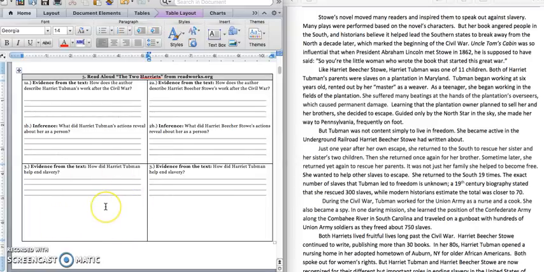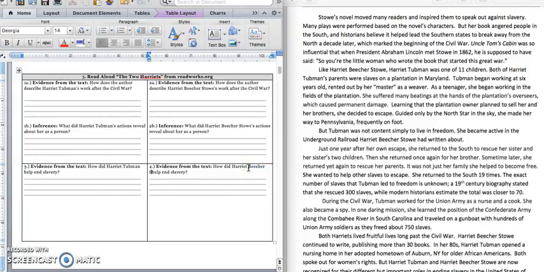And so in number 3, we would write down Harriet Tubman helped end slavery by leading slaves to freedom on the Underground Railroad and serving in the Union Army as a spy during the Civil War. Press pause to write down your answer and play when you're ready for number 4.